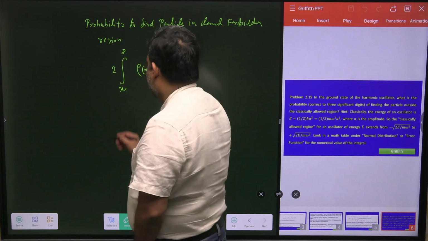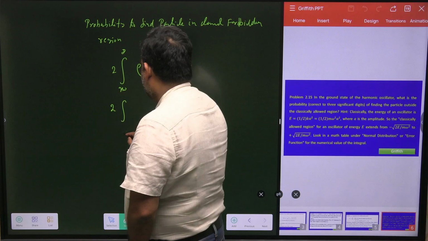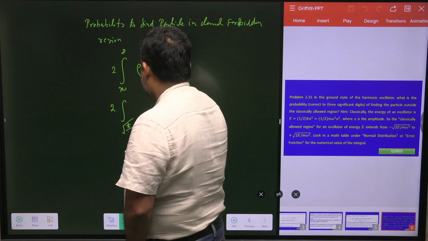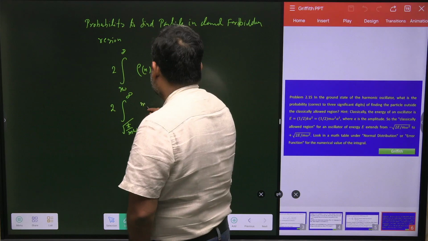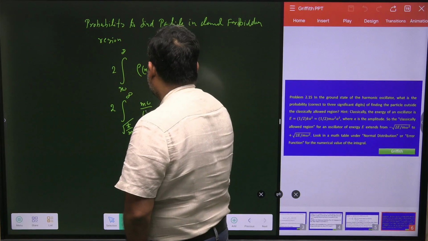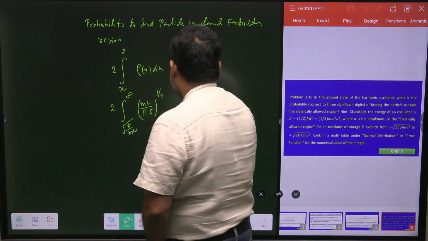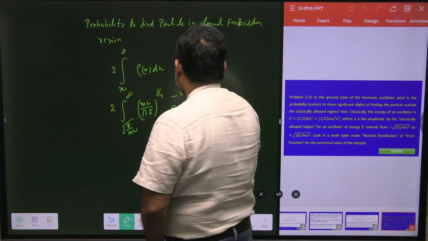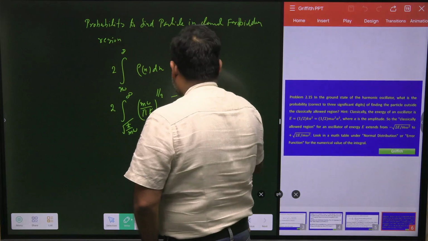Okay, and what will be this value? The lower limit is x naught, which is root of h cut upon m omega, the upper limit is infinity, and rho x is m omega upon pi h cut to the power 1 by 2 times e to the power minus m omega x square upon h cut, dx.